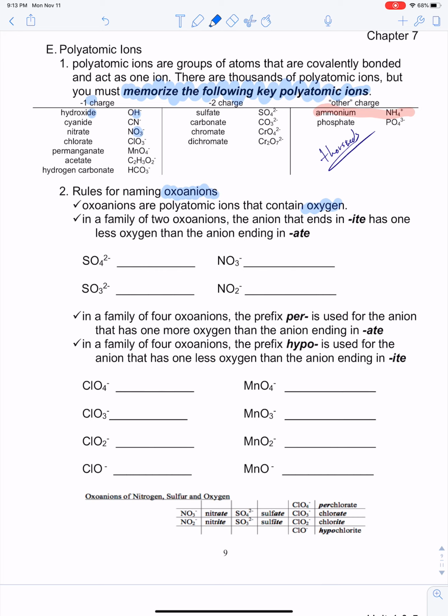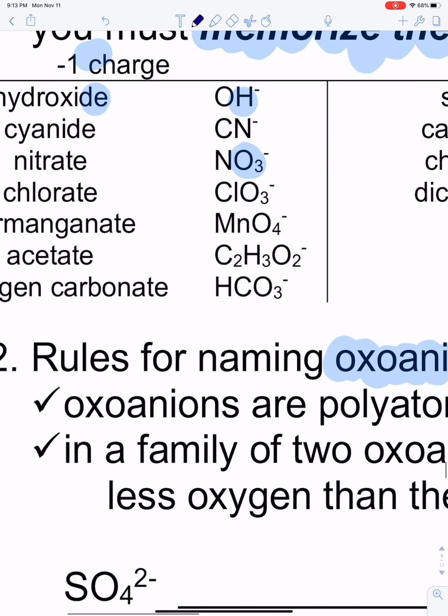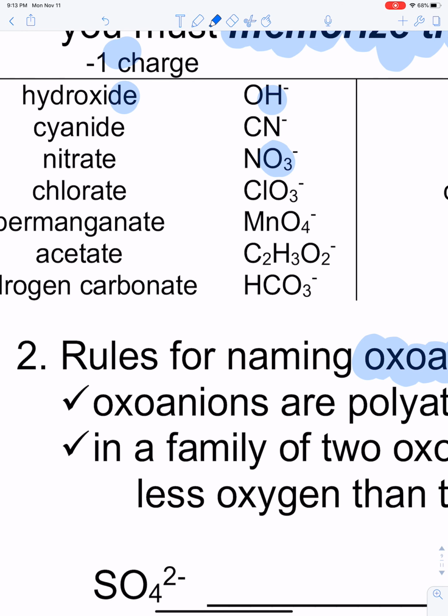When we have an oxoanion, I want you to notice that the ATE ending means it's a polyatomic ion that contains oxygen. We'll find out it's ATE or ITE. If you see ATE, you know it's going to have oxygen.